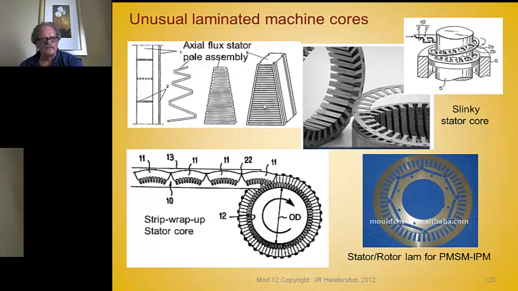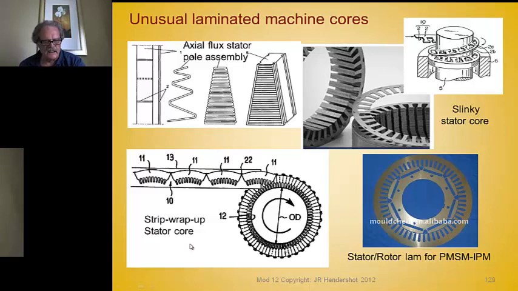See, the flux goes through this thing like this. You've got a rotor on each end, and this is your stator. So your coils are wrapped around this thing this way. And this is an IPM, an internal permanent magnet brushless motor where the rotor punching is punched out of the hole of the stator. That's a very good example.